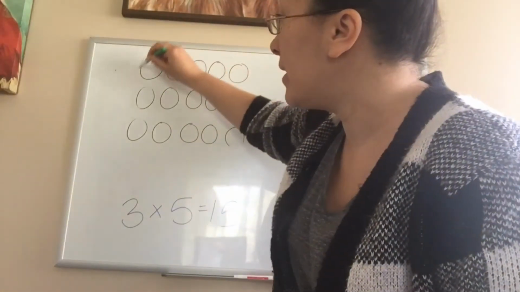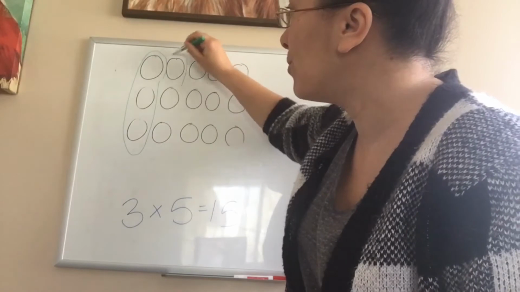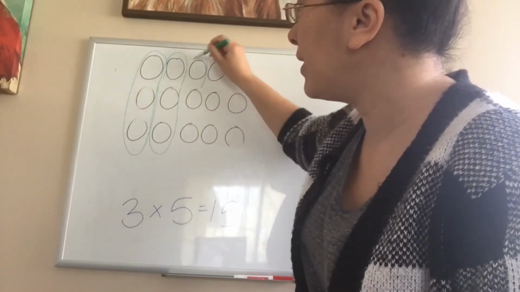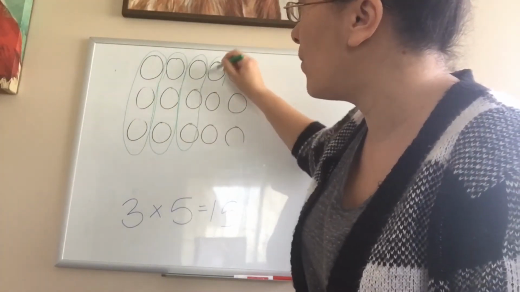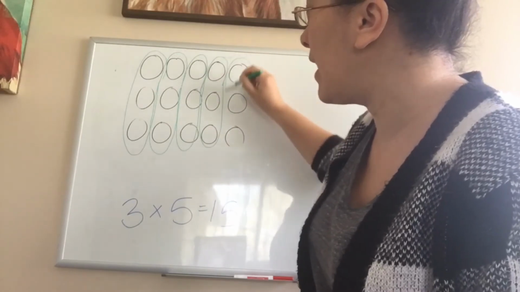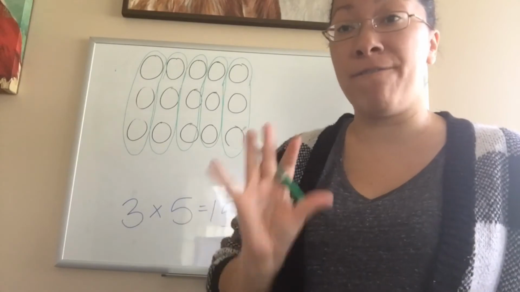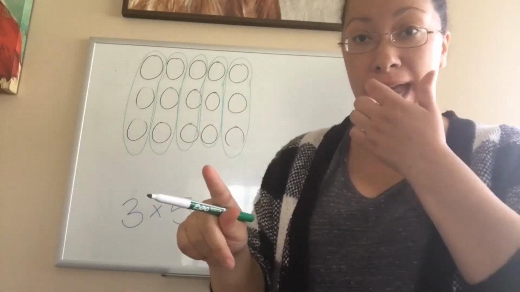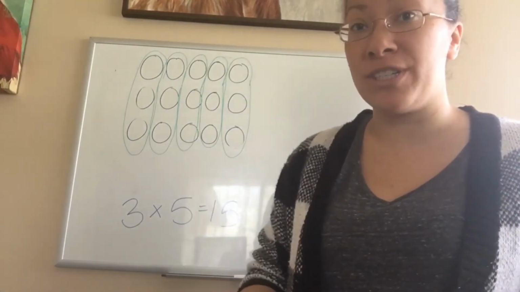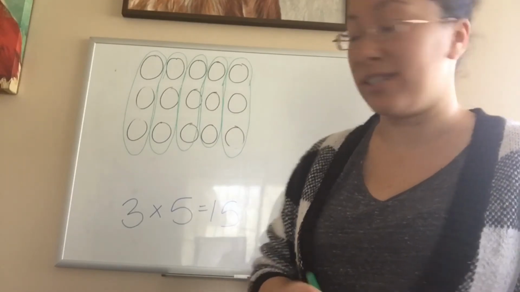So I have 1, 2, 3, 4, 5. So I have 5 columns or 5 groups that I have made. So I'm going to write that as my first number in my multiplication sentence.